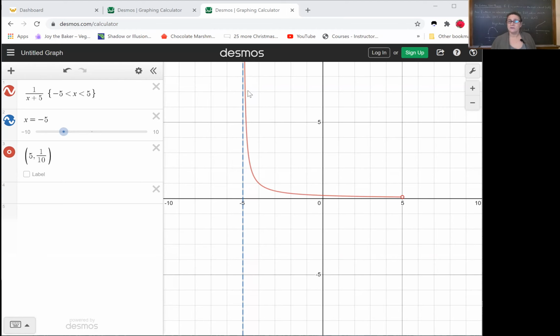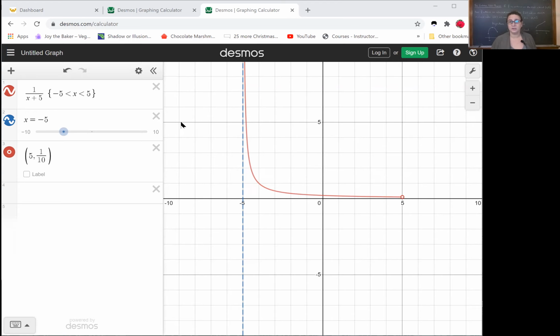So even though the function is continuous on the interval, it's going off to infinity at the left endpoint. So I'm never going to have a maximum value because it'll always go off towards infinity. At the bottom, if this was closed, then I could say that yes, I have a minimum of 1/10 at the right endpoint. But because it's not closed, I never reach the 1/10, so I can't say that 1/10 is the minimum.